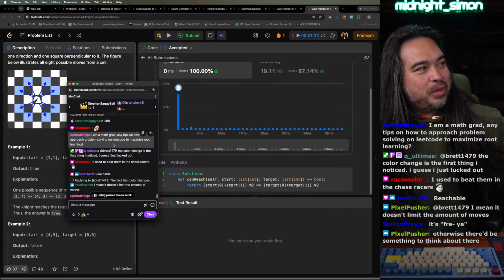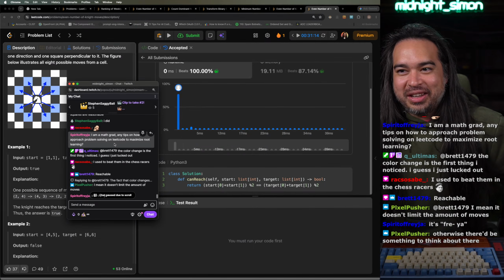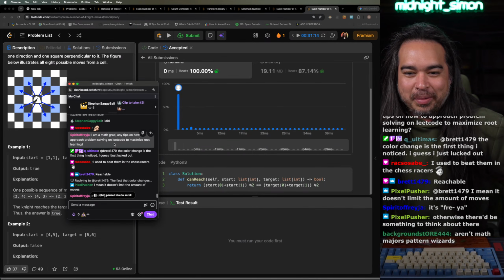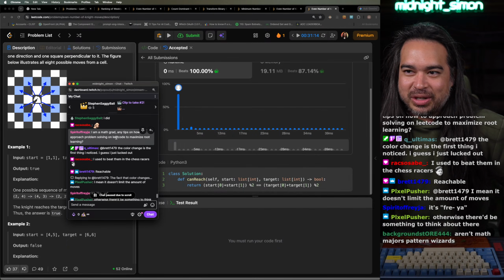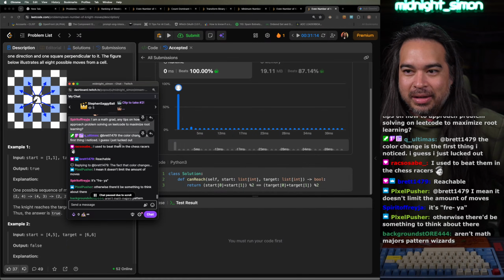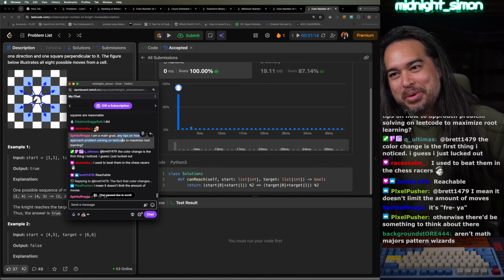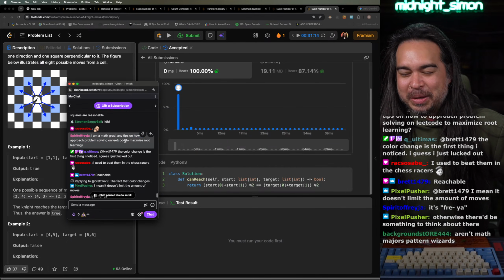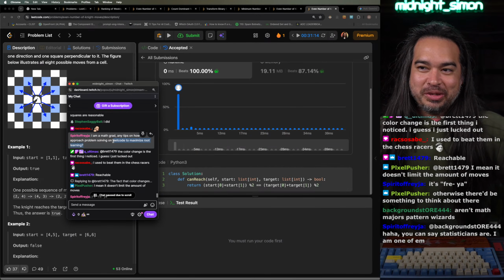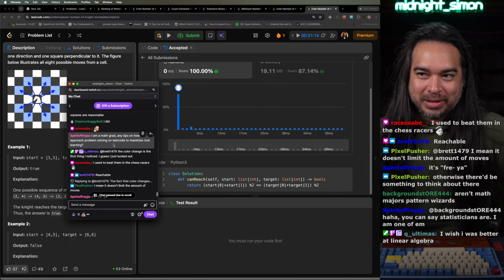And some of the DP stuff is mathy when you talk about the recursive functions and you're trying to build them. But any tips on how to approach problem solving to maximize root learning? I don't even know what type of tip that would be.